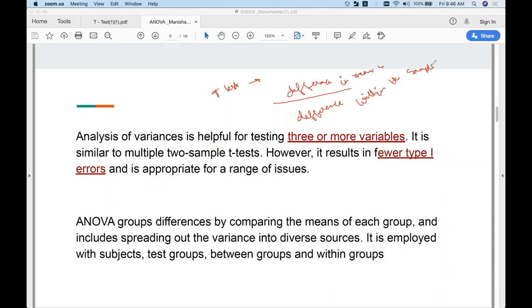Since you had only two samples, sample 1 and sample 2, this is the t value or t statistic that we will get. That is fine. So difference in means divided by difference within them.